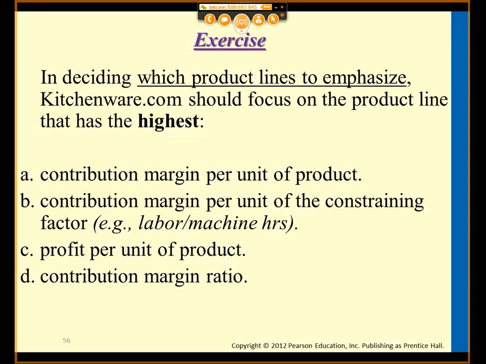A, B, C, D. B or C, right? B. Contribution margin per unit of the constraining factor. That was on the slide as well.